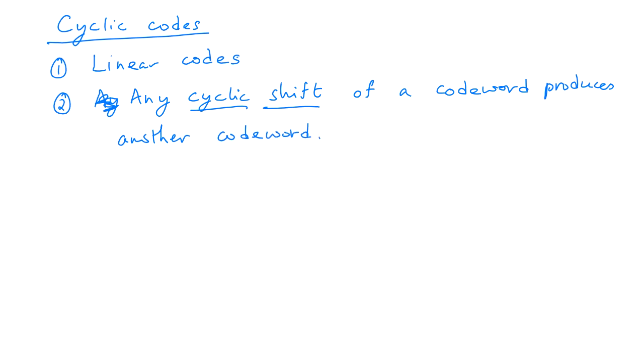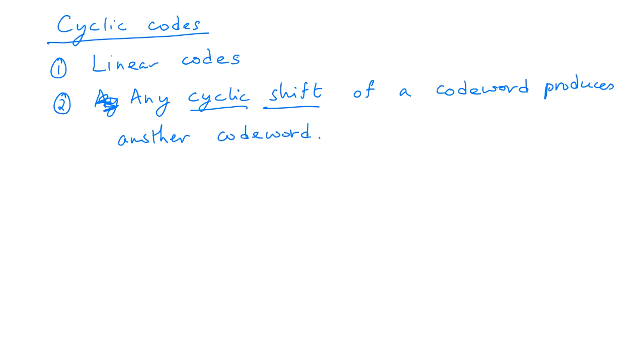What do we mean by that? A cyclic shift means rotating the code word. So let me take one particular code word. Let me explain to you first of all what we mean by a cyclic shift.